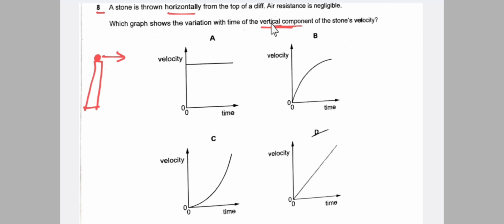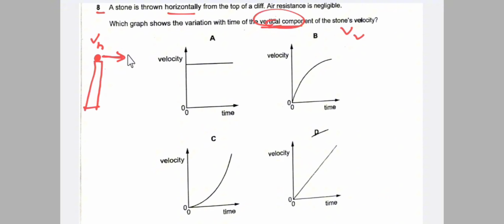Since it is thrown horizontally, we need to find which graph shows the vertical component of velocity, v. As the stone is thrown horizontally, it has some horizontal component of velocity, but the vertical component of velocity is 0 since it is not thrown at an angle or vertically.